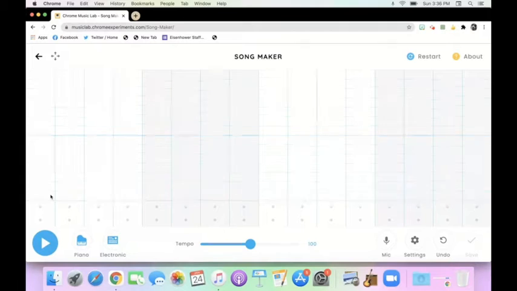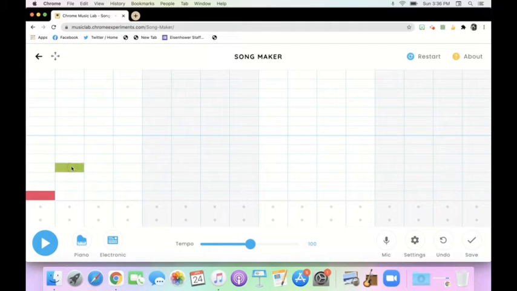So if I were just going to create a melody using skips, it would look something like this. So I'm going to start there. And if I was just going to skip around, notice how I'm skipping boxes, right? I'm not going to the next box up or the next box down. Remember the next door neighbor example I gave you in the previous slides?